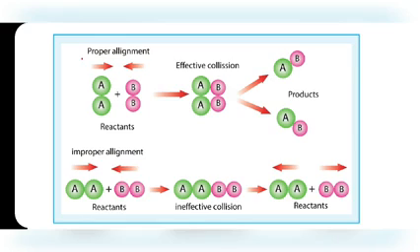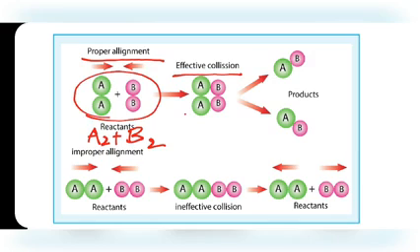Take this example, proper alignment: A2 and B2 are both approaching properly, so an effective collision takes place. That means they simply combine.